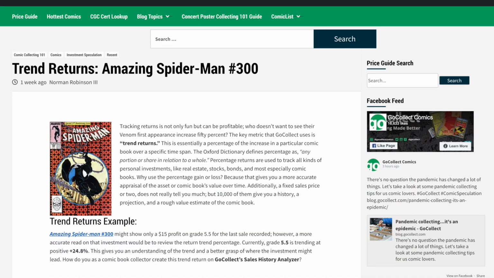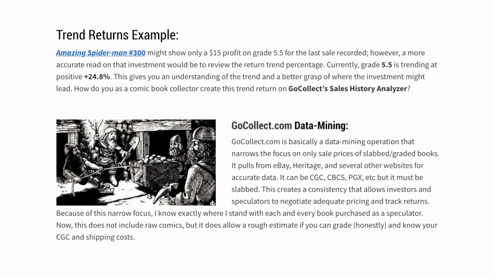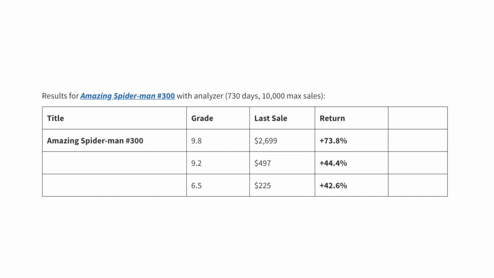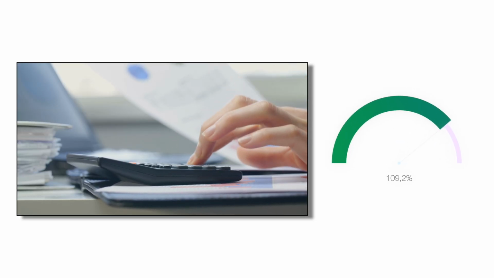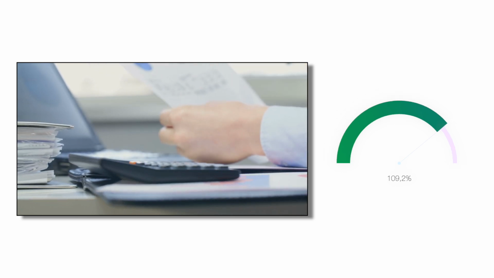At the end of the day, what he's basically saying is that versus the previous sale, the comic's value has either been positive or negative. And so the return is either positive or negative. If you do some simple math, you can actually calculate from the percent and from that last sales price what the previous price was and also what the absolute dollar increase or decrease actually was for that comic.